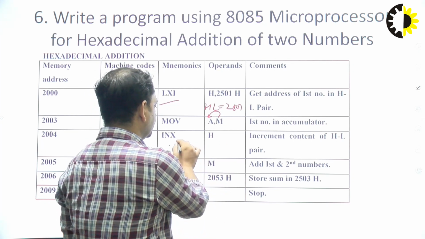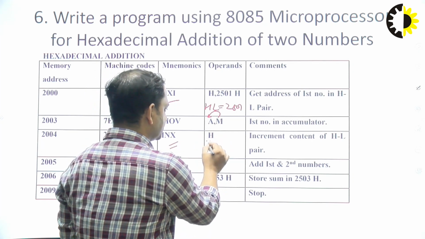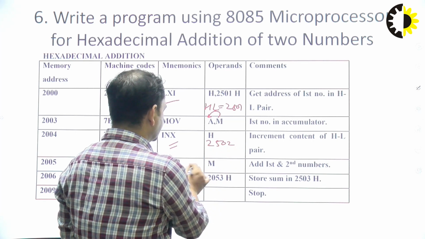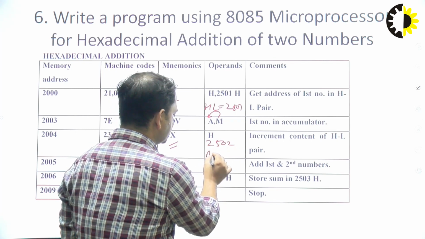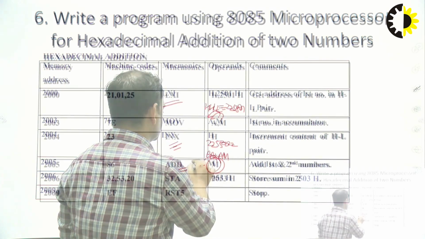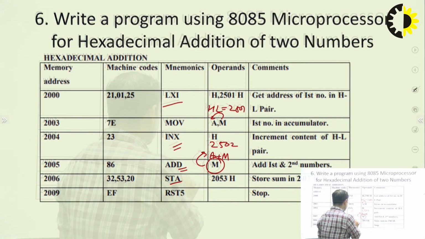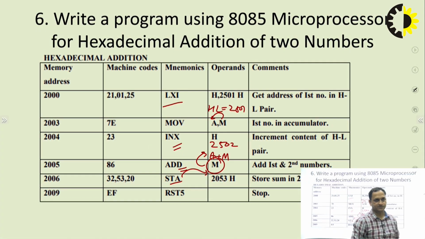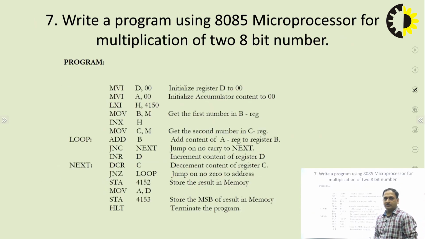Then INX H, at this time the HL pair will carry 2502, and ADD M, which is A plus M. So these two numbers will be added and stored into the accumulator. Then the content of the accumulator will move into 2503H.